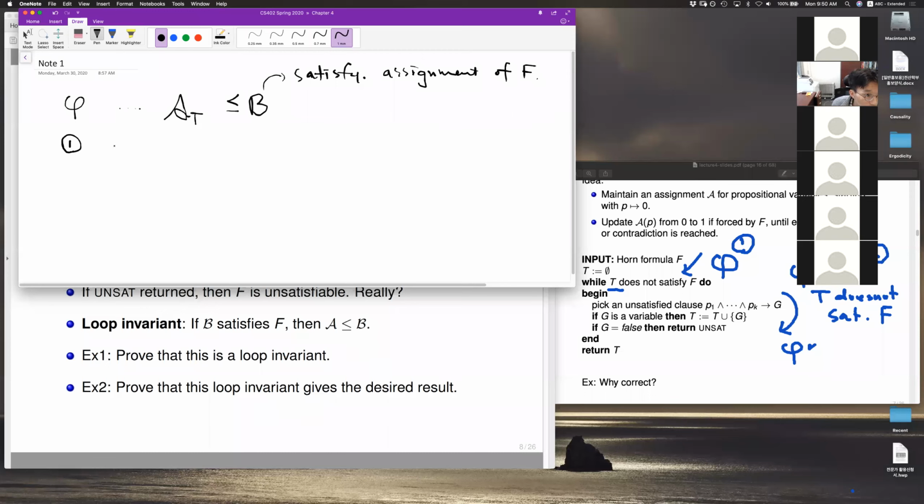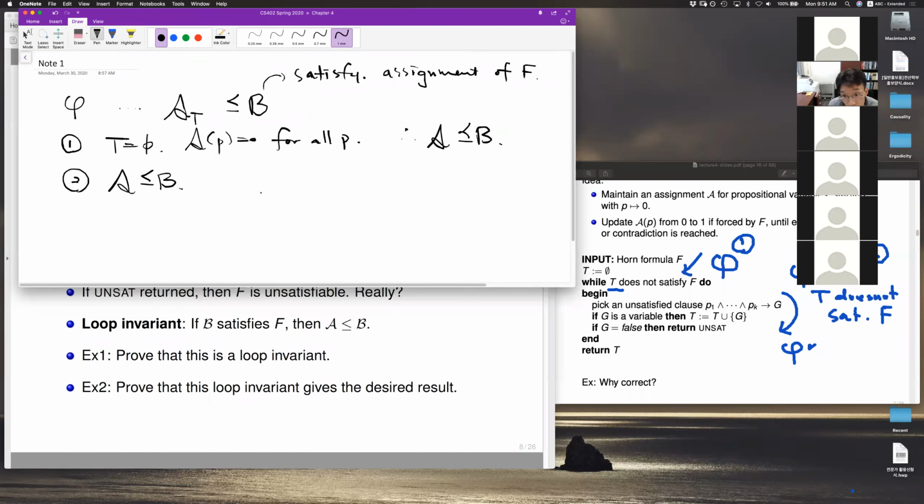That's because after initialization, T is equal to the empty set, which means A is going to map everything to 0 for P. So A is the smallest element of P. And then for the induction case, we have to assume that A is less than or equal to B.